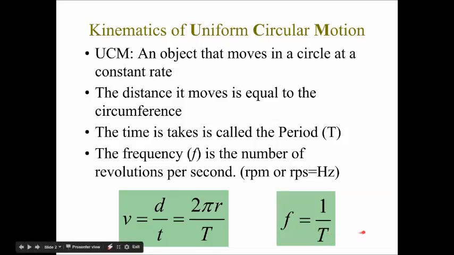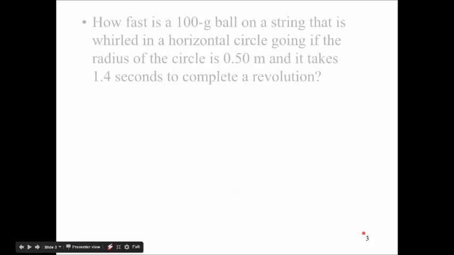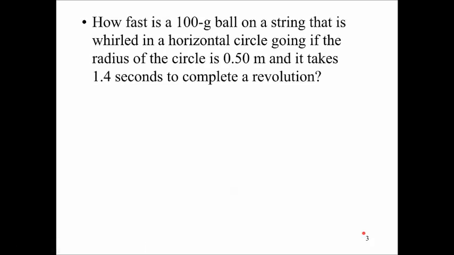So let's just jump right into an example problem. How fast is a 100-gram ball on a string that is whirled going if the radius of the circle is 0.5 meters and it takes 1.4 seconds to complete the revolution? So we're given the mass, the radius, and the time for one complete revolution.